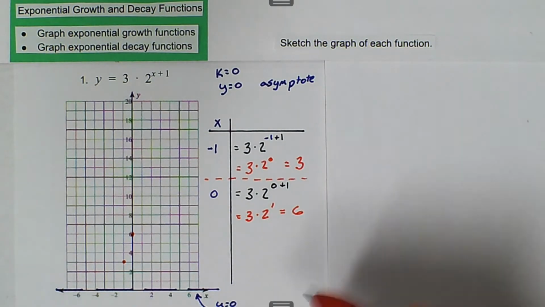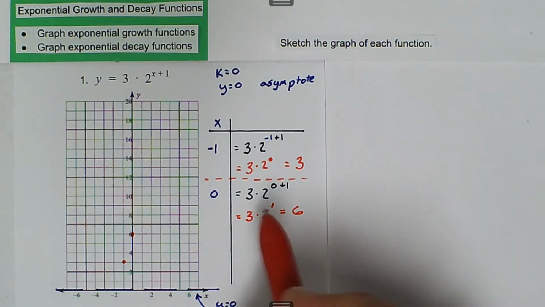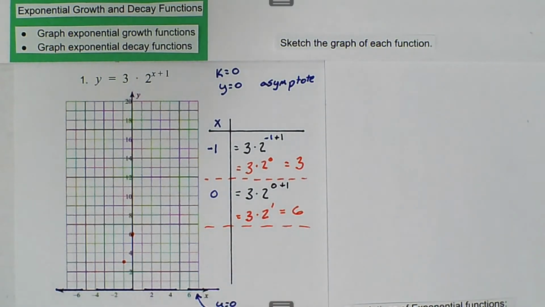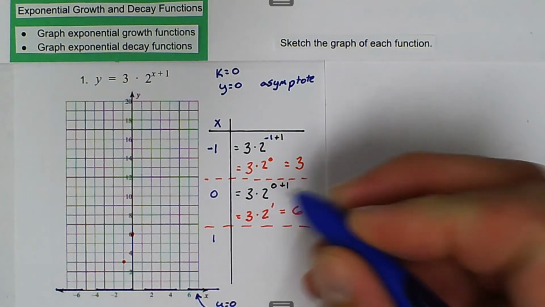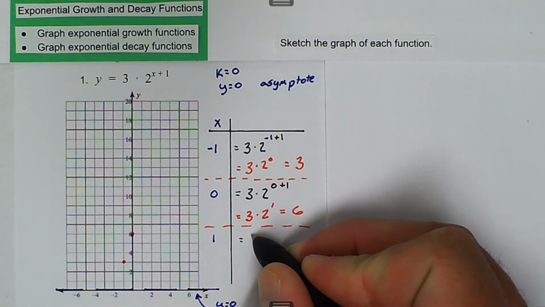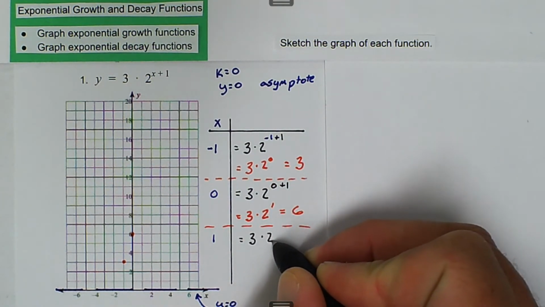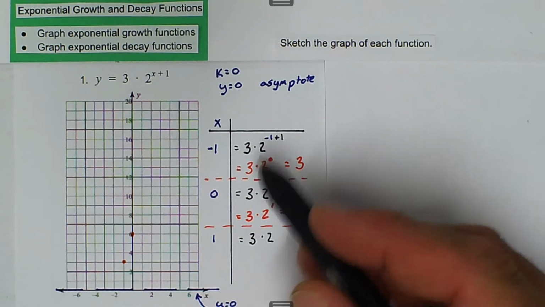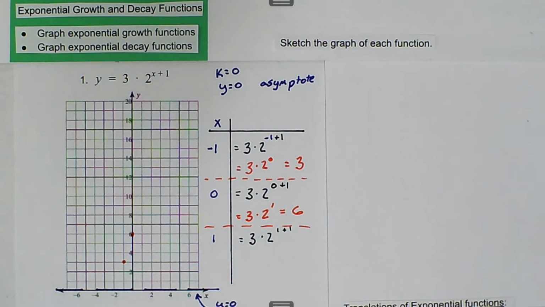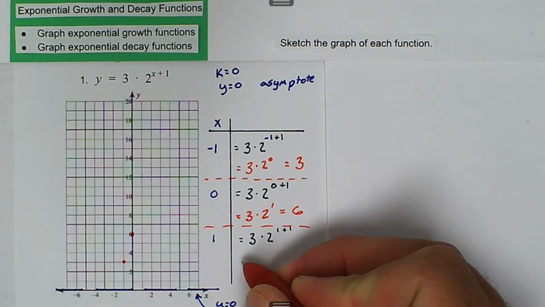And if we get one more, that will be good enough for us to graph our function. So again, I'm going to pick the next point, which is going to be 1. I'm going to substitute that in. So it's going to be 3 times 2 to the 1 plus 1. 1 plus 1 is 2.